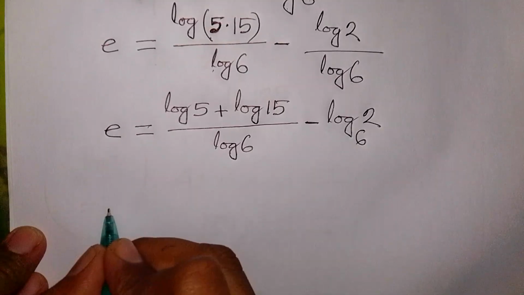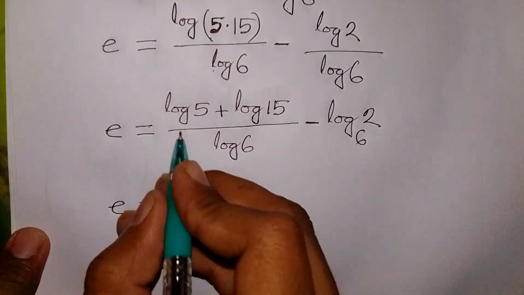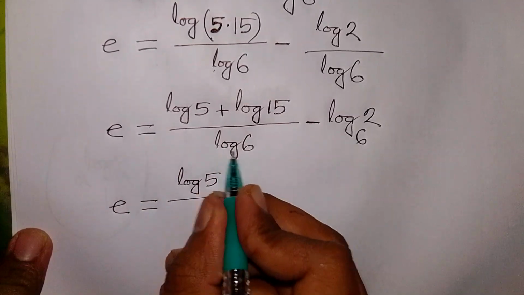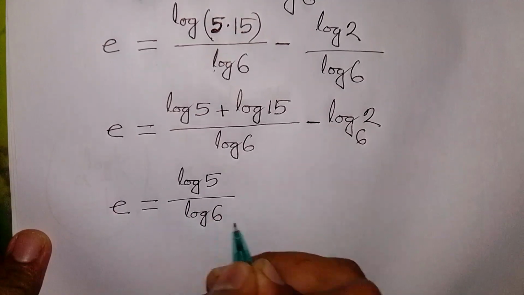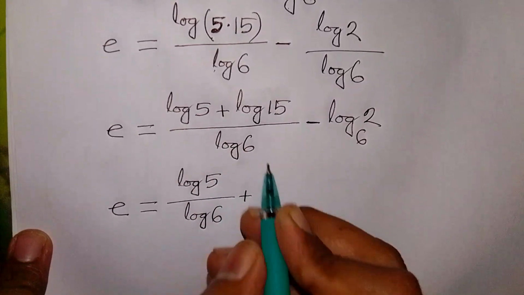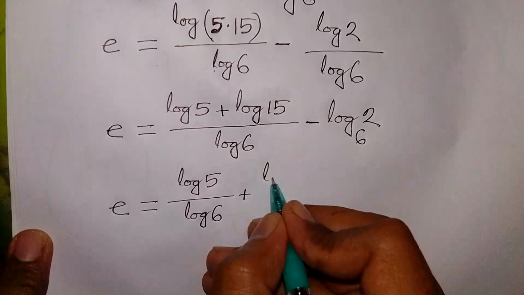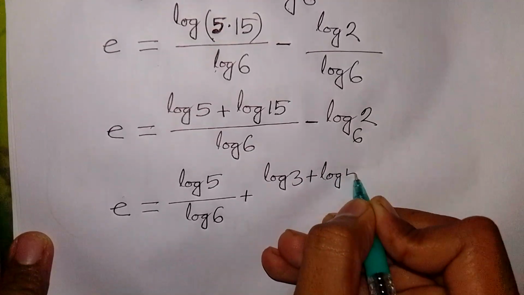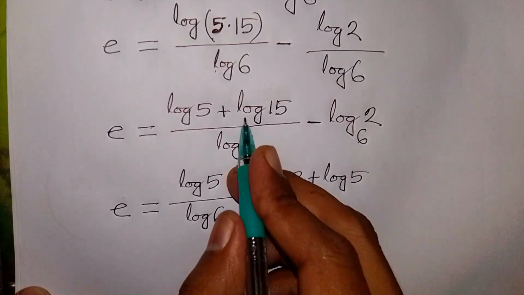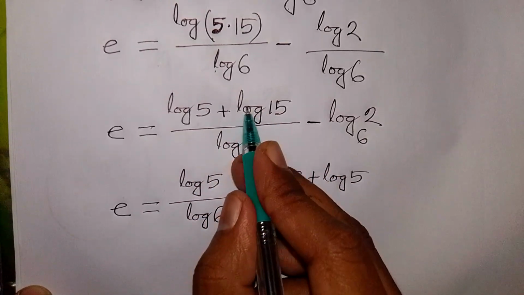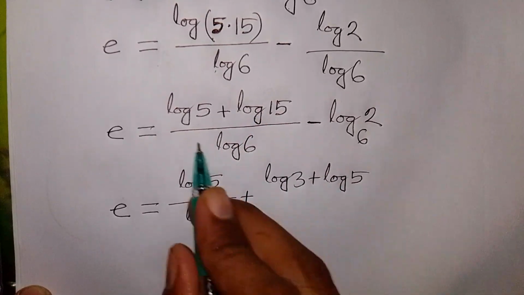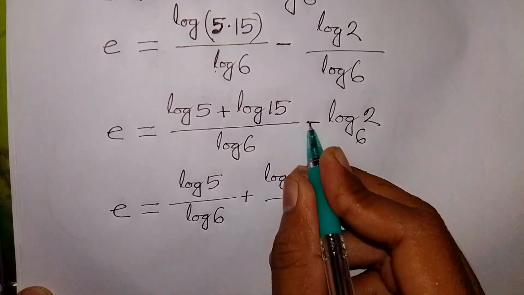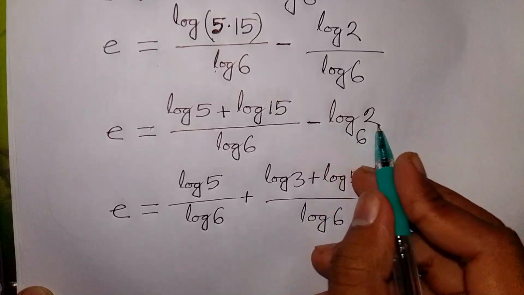Now a will be equal to log 5 over log 6 plus log 15, which is the same as log 3 plus log 5. Log 3 plus log 5 is the same as log 15. So log 15 can be written as log 3 plus log 5, then over log 6. Here subtract log 2 over log 6.